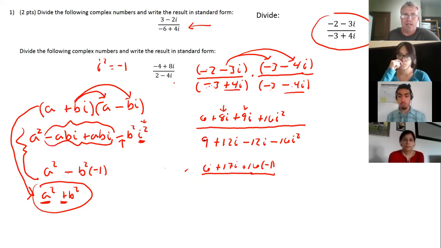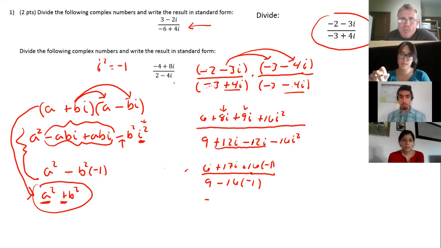And then the denominator, I get my 9. These two cancel and give me 0. You get the minus 16, and then the i squared is a -1, so I'm showing way more detail than what I think is necessary. And then up here, you're going to get 6, and then the plus and the minus are going to combine, so it's going to be 6 minus 16.